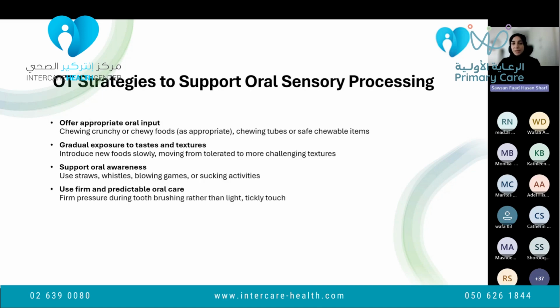There are some different activities, for example, to increase oral area awareness, we can use straws, whistles, blowing games, or sucking activities. All of these activities give some resistance and pressure to the oral area, and that's why they improve oral awareness. We have to respect oral sensitivity.